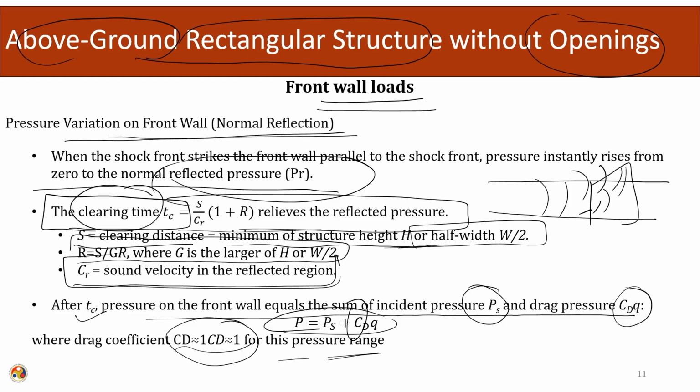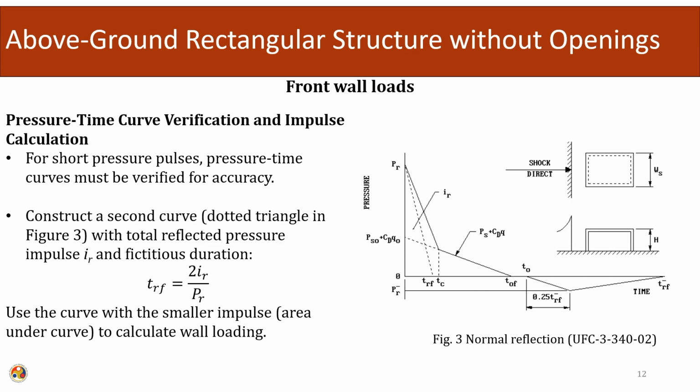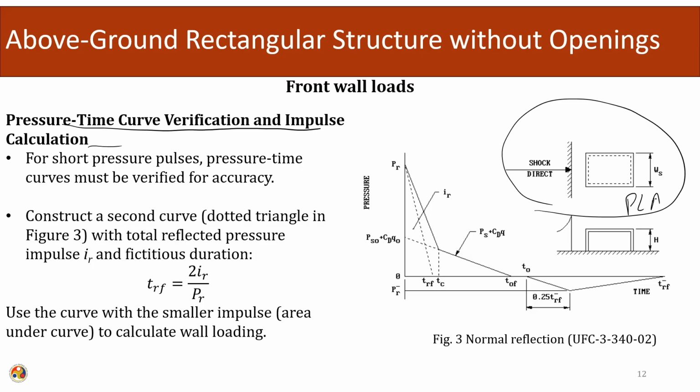So this is the loading of an above ground structure. The structure is rectangular in nature, it has no openings, and the shock front strikes the front wall parallel to the shock front. Now the pressure time curve verification and the impulse calculation. We will see how the pressure time curves occur. This is how the shock hits the wall, in plan and in elevation.